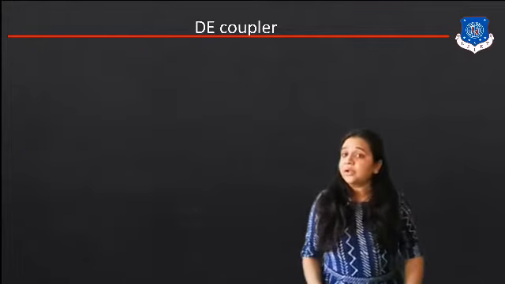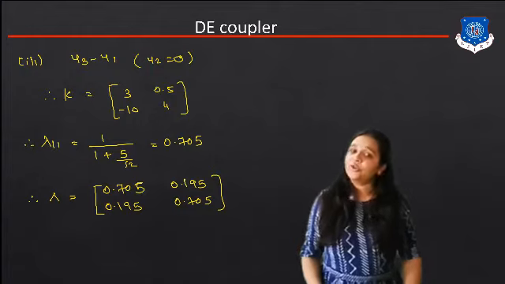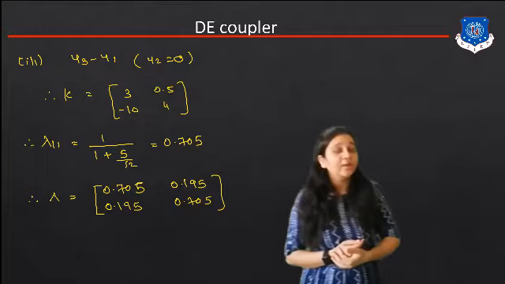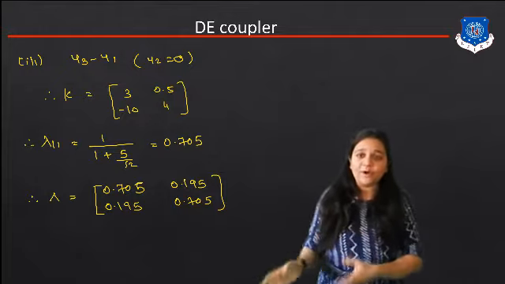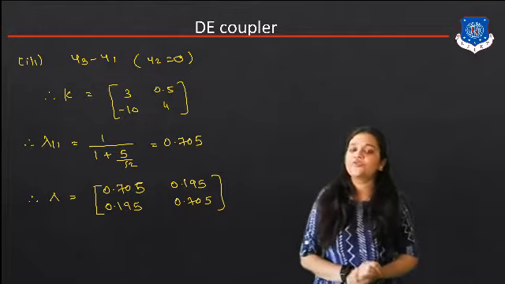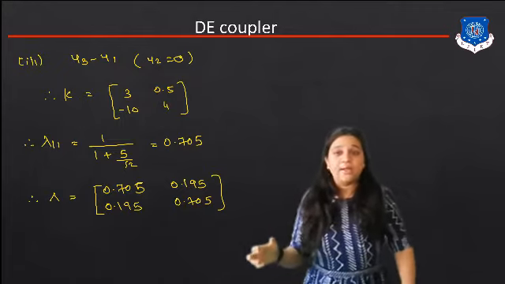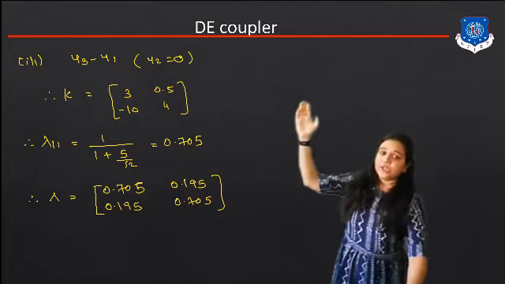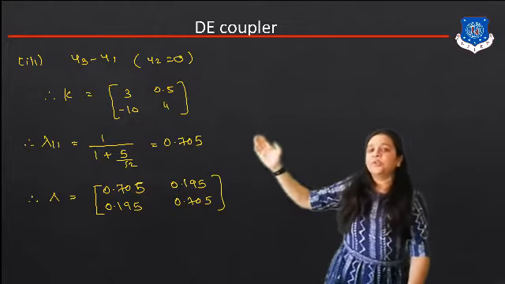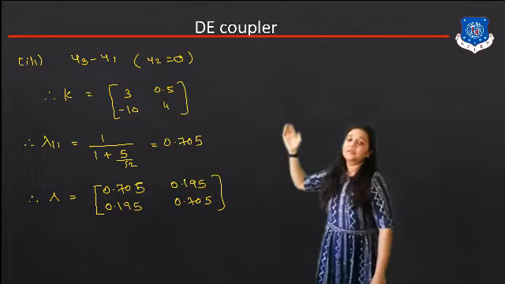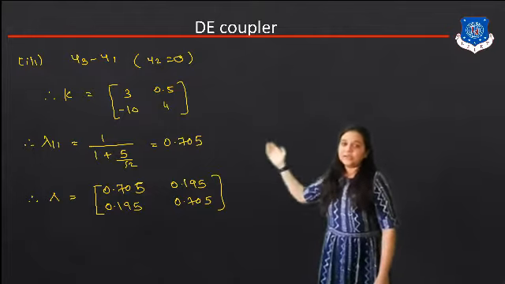Now the third condition is u3 minus u1, and we take u2 equal to 0, because earlier we cannot decide whether this input is used as a manipulated variable or a disturbance. So again we take u2 equal to 0 and find the value for u3 minus u1. K is equal to, using the standard equation, 3, 0.5, minus 10 and 4.